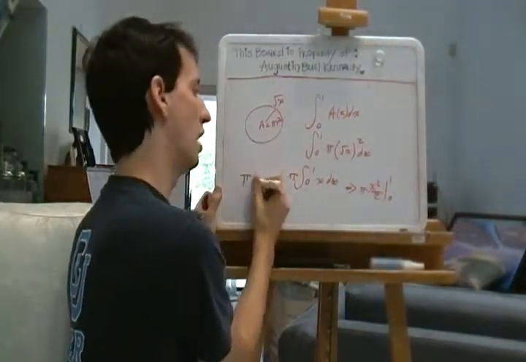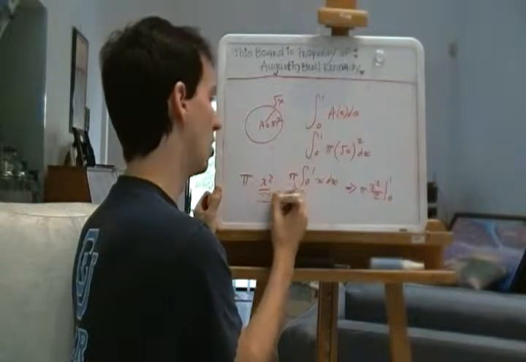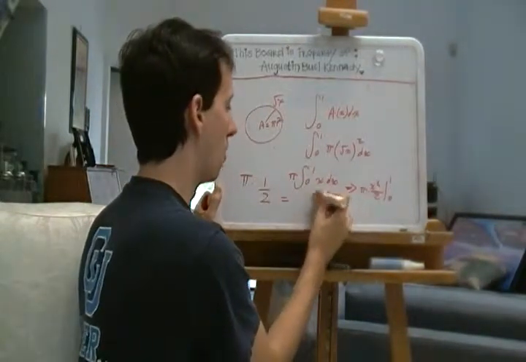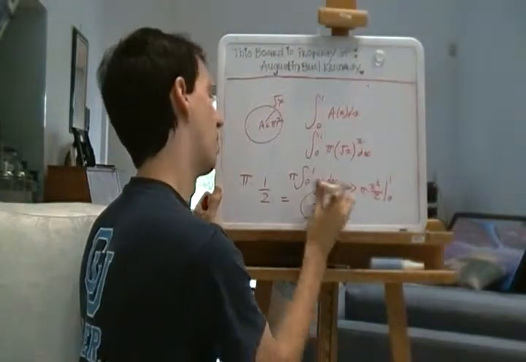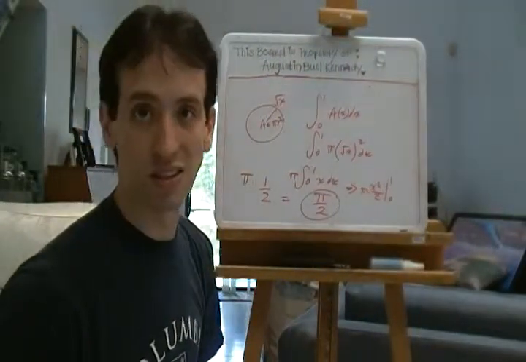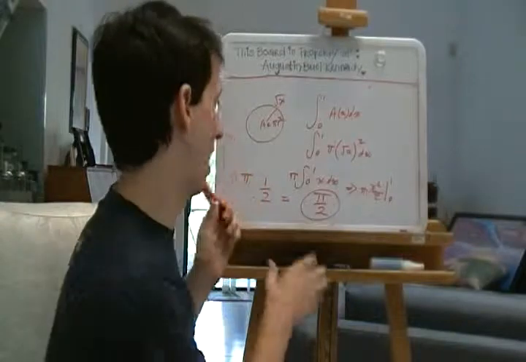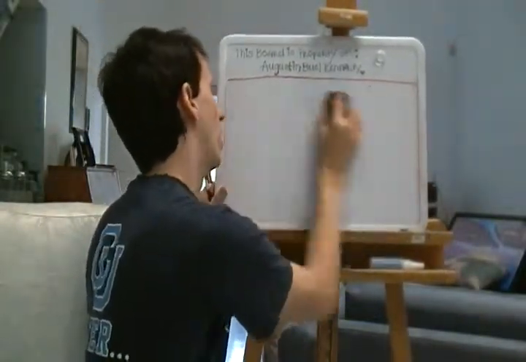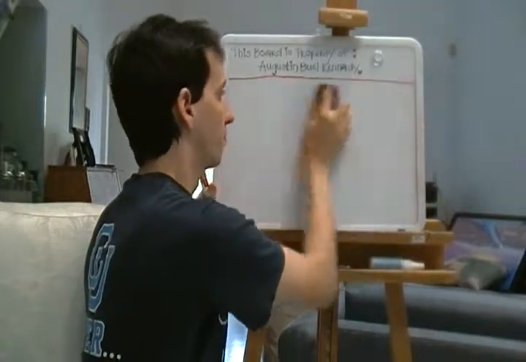So we get pi times 1 squared over 2, or pi over 2. You'll find that most answers here are going to feature the number pi. So there you go. That's one way to look at the volume of revolution.